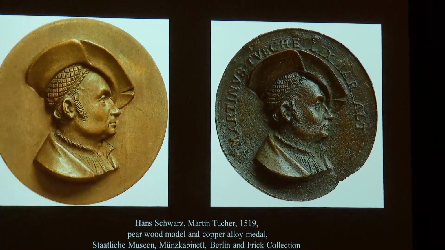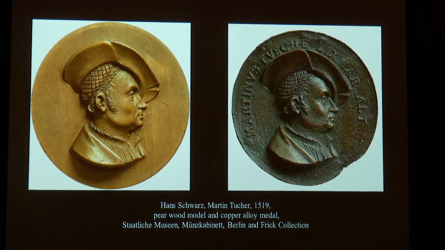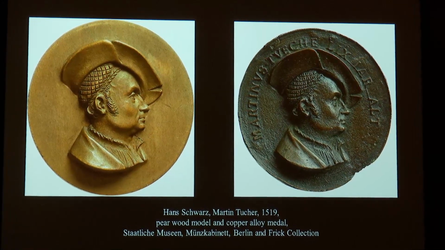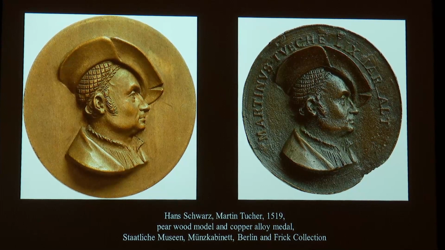The inscription that surrounds Tucker's profile, however, was achieved in a manner derived from the tools and practices of printing. Once the imprint of the model was impressed in the sand of the mold, metal letterpress characters fashioned in reverse for printing on paper also were impressed in the sand.